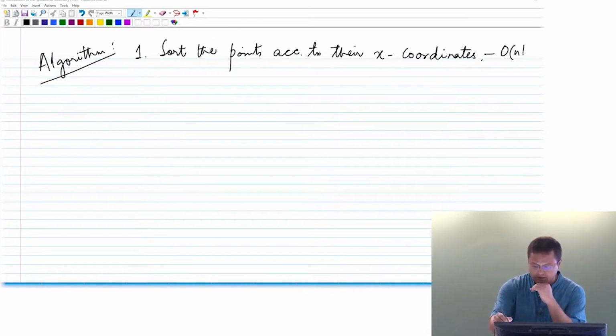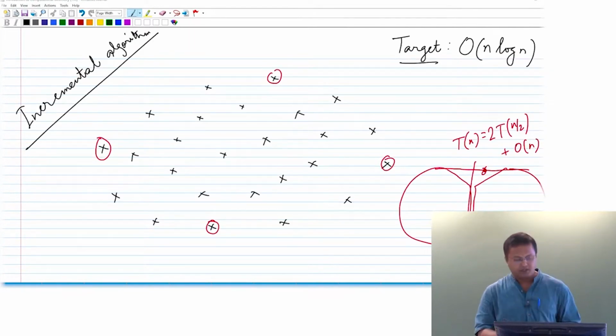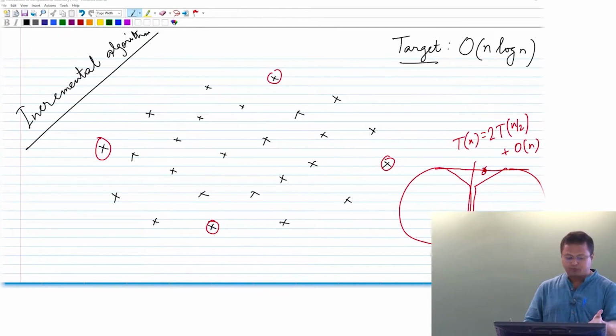This takes n log n time. Once I have sorted, it is easy to pick up the leftmost point and the rightmost point.